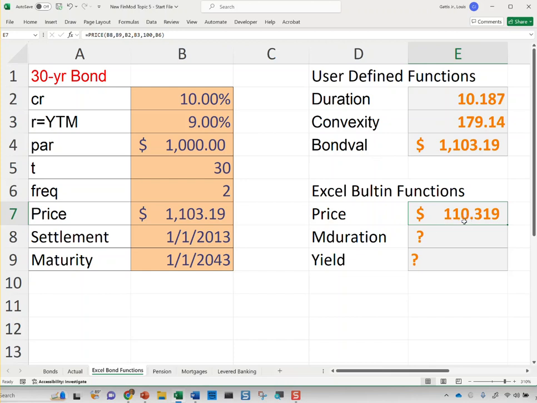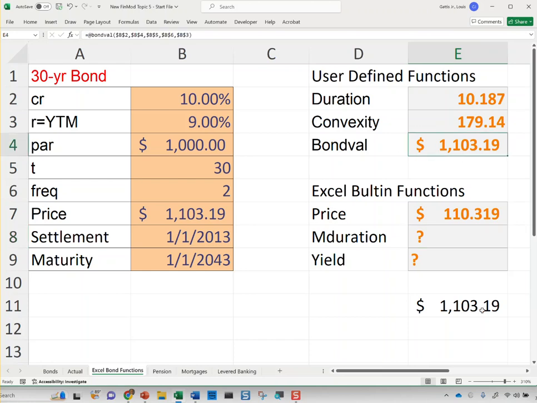And it's just following market convention. When you quote the price of a bond in the market, you wouldn't say this bond is selling for 1103. You'd say it's selling for 110.3. It's selling for 110% of par. If you actually wanted to know the actual price of the bond, you can take 110 divided by 100 and multiply times my par and get the 1103. All right, so these match up.